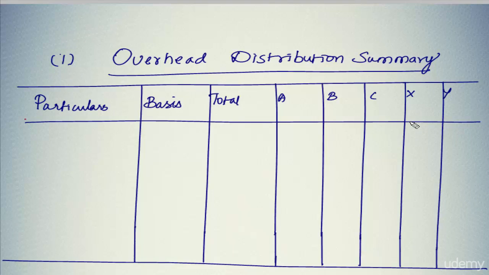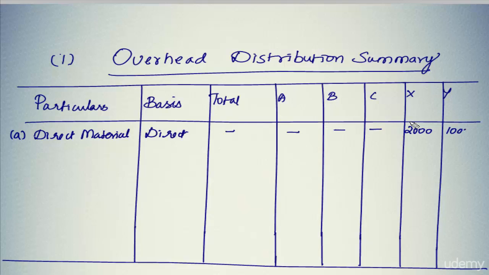So first we'll write here item A, direct material. For department X and Y, they have $2,000 and $1,000. So I'll write here 2,000 and 1,000.